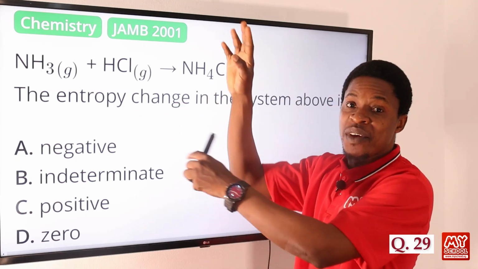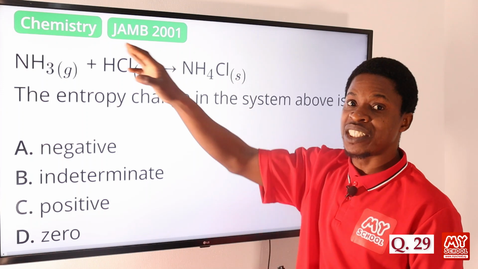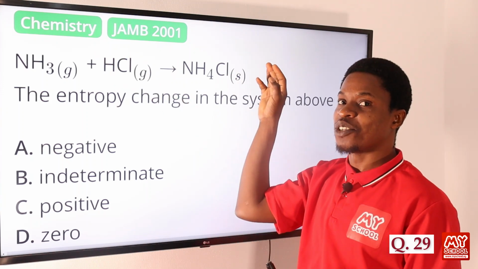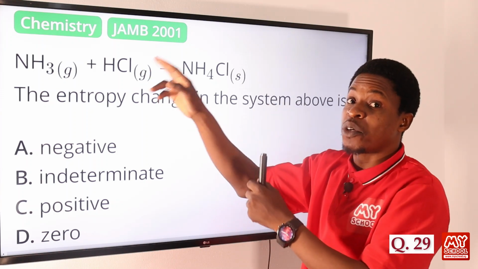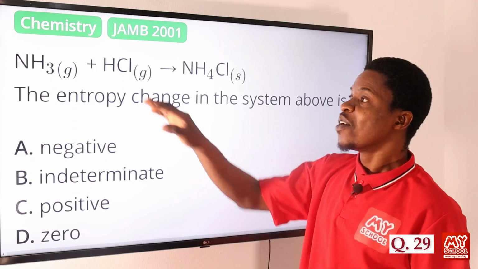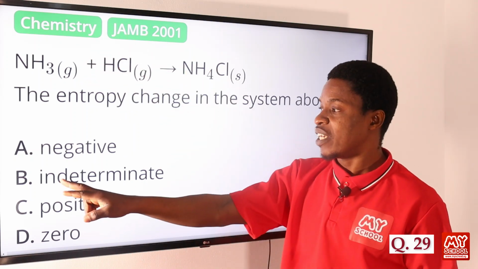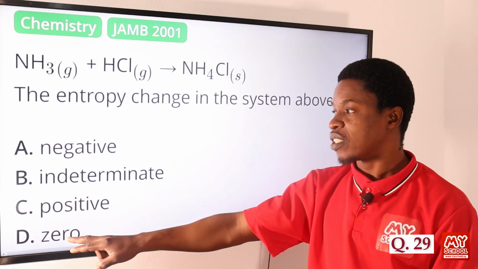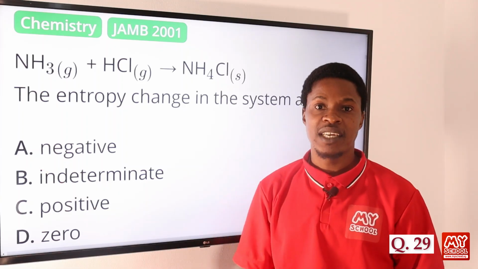If it was the other way around, if we had this on this side and this on this side, so changing from solid to what? To gaseous, because the gaseous substance will have a higher value. So that means the entropy value will be positive. But in this case, we are moving from higher to lower. So it's going to be negative. So not indeterminate, not positive, not zero. The answer is negative. Option A is the correct answer.